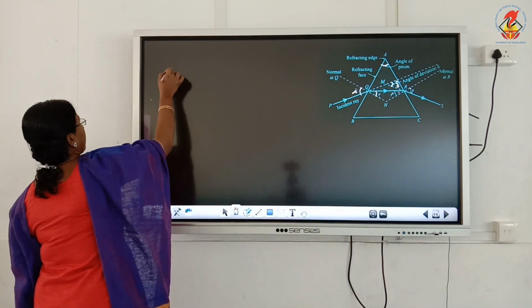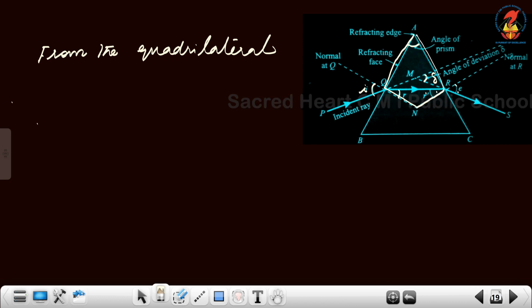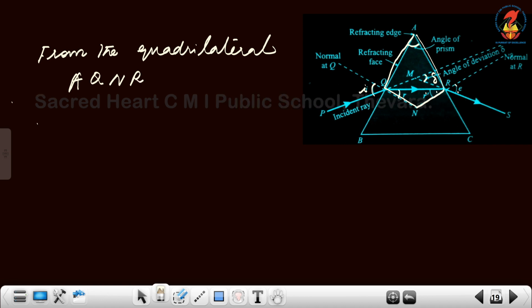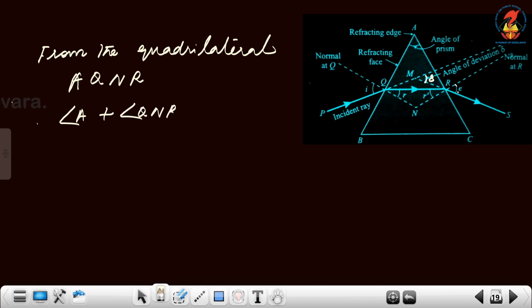Now from the quadrilateral A, Q, N, R, you can write angle A plus angle QNR equal to 180 degrees, because the angles at Q and R are right angles, so angle A plus angle QNR equals 180 degrees.